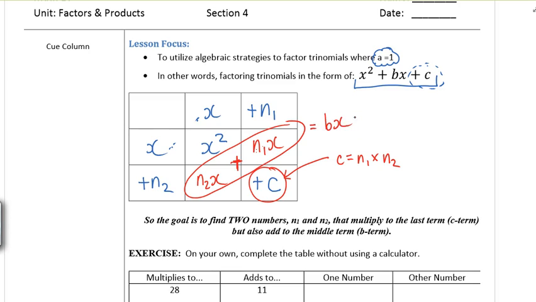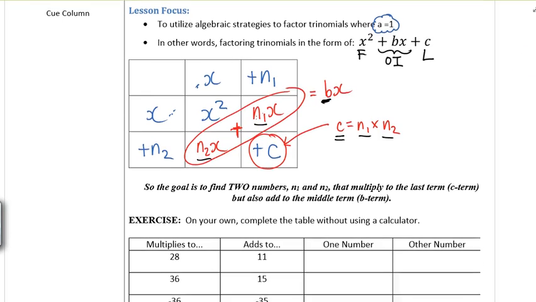That's the OI in FOIL, because this is my F, this is my L, and in the middle term, this is the O and the I. In other words, we have to find two numbers that multiply to the last term, but add to the middle term.